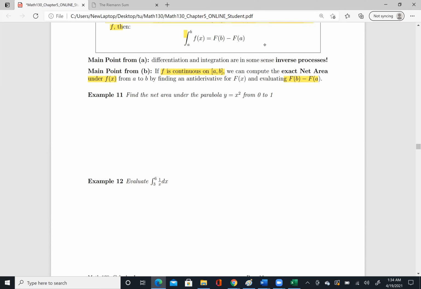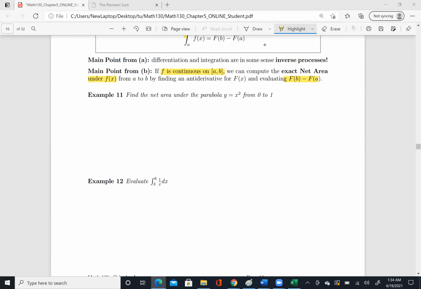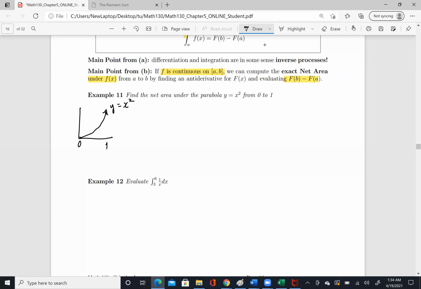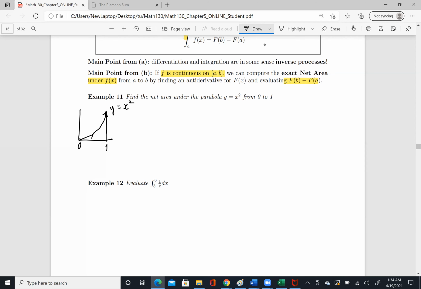It looks like this. You know that it's going up like this, right? y equals x squared, and then from 0 to 1 is here. So the area under the curve is this part.